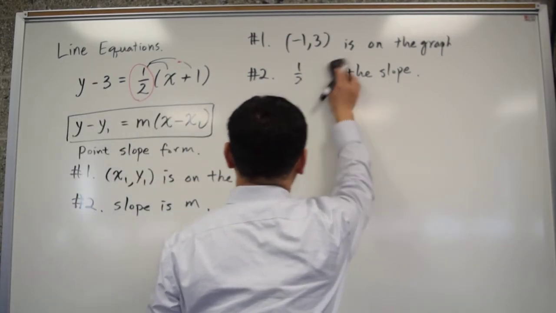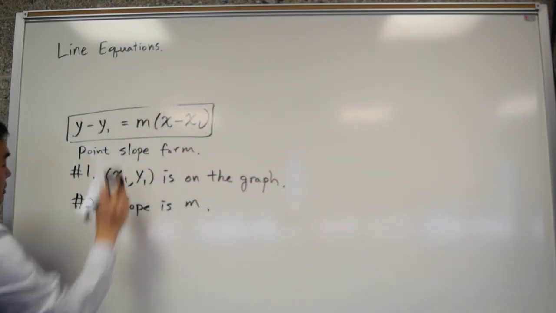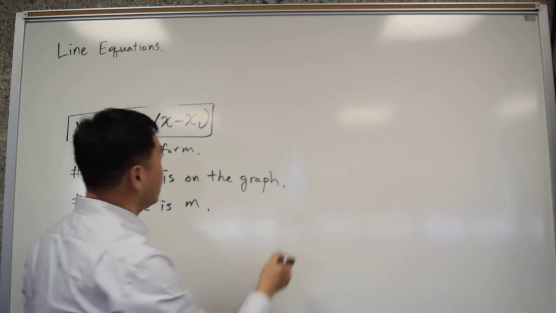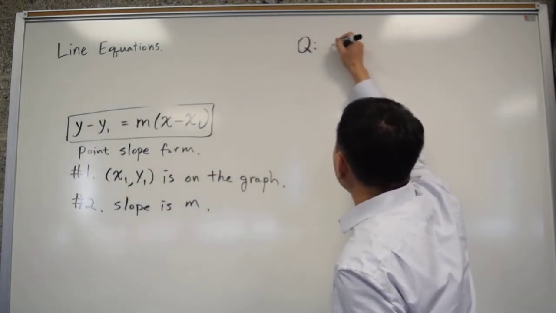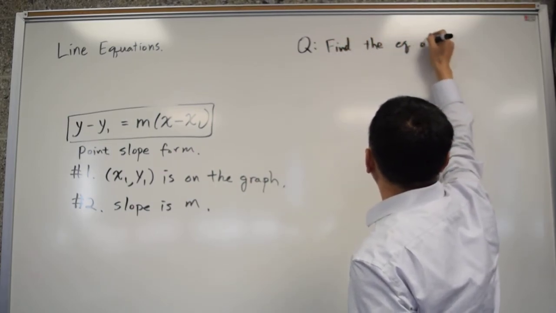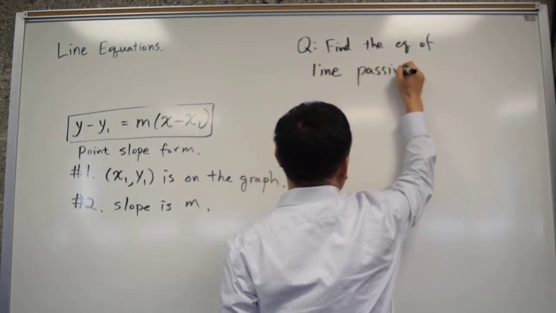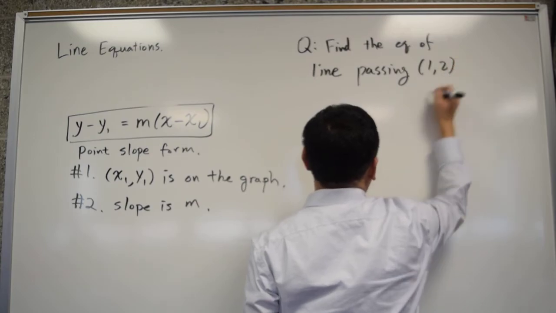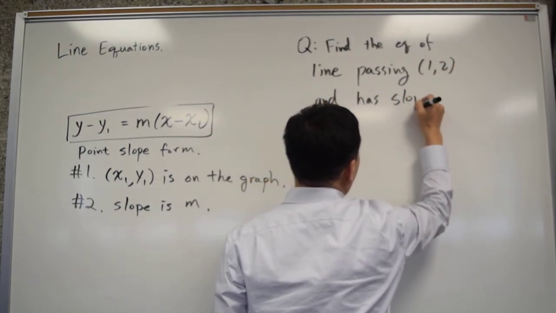And that is actually the important thing I wanted to show you. So look. Here's another question. Find the equation of the line passing through (1, 2) and has slope 3.